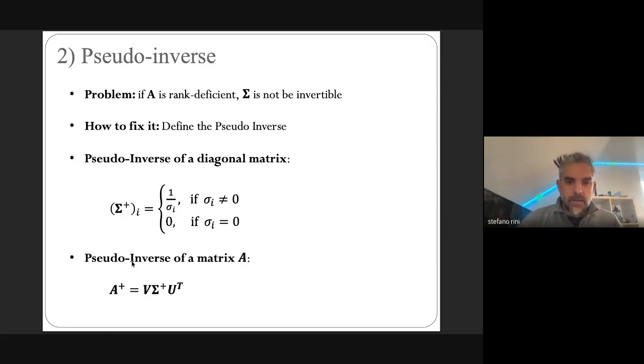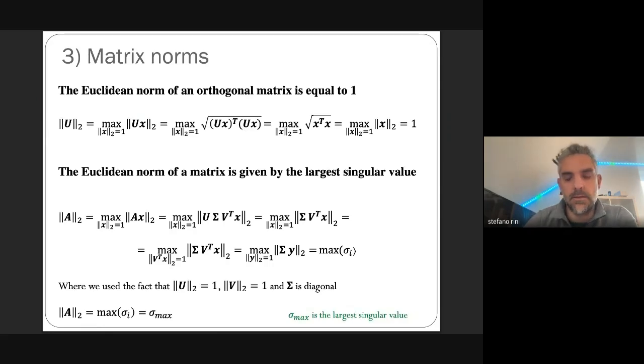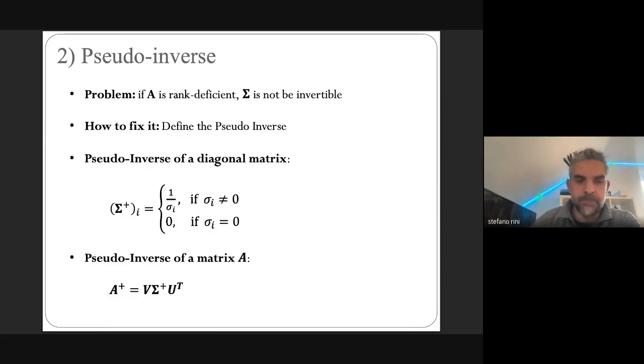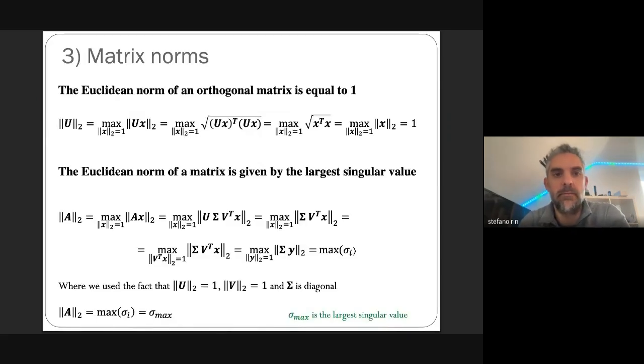Very nice. Then the pseudo inverse of the matrix A will be A plus, which is equal to V sigma plus U transpose. So you see that we recovered the concept of matrix inverse that we had before.